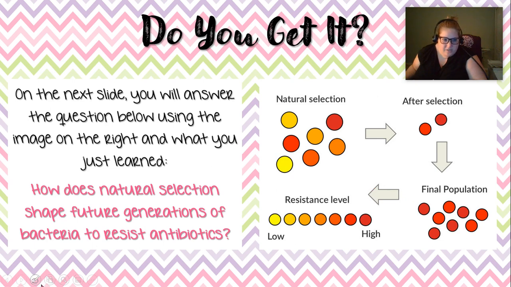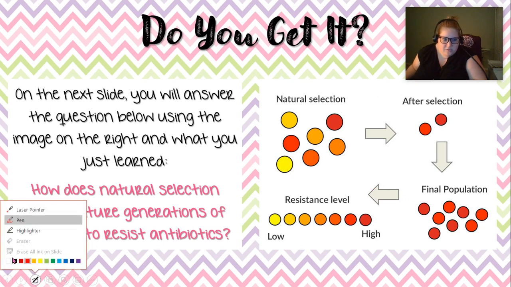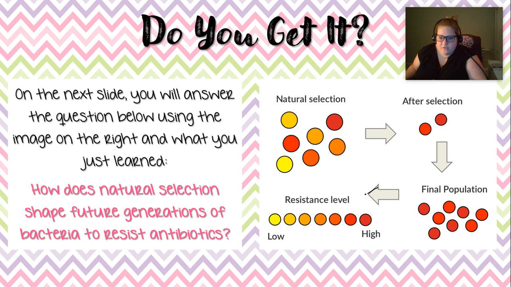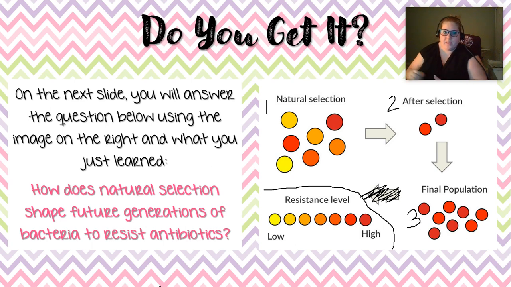So feel free to just ignore this arrow in your Nearpod. This resistance level is something entirely separate. So you're focusing on 1, 2, 3.